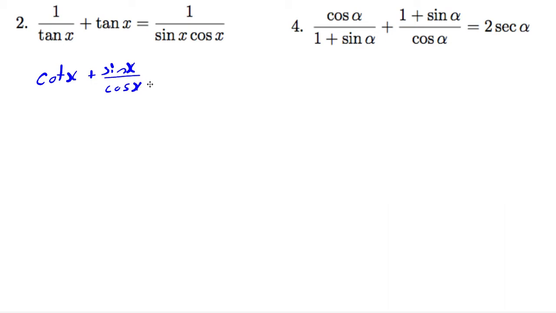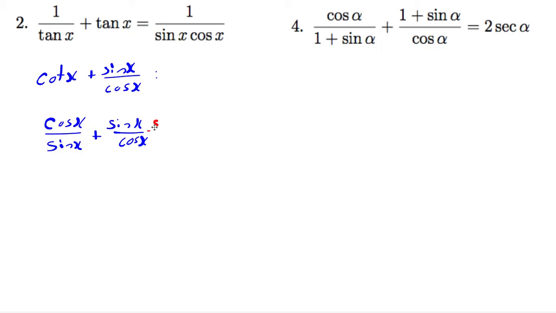over cosine of x. So cotangent of x, that's going to be cosine of x over sine of x plus sine of x over cosine of x. Common denominator here is going to be sine of x cosine of x.